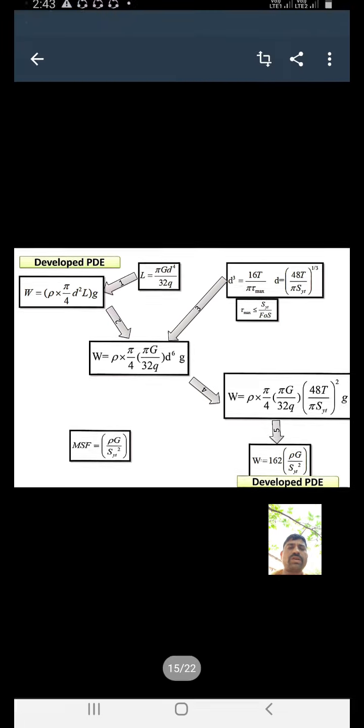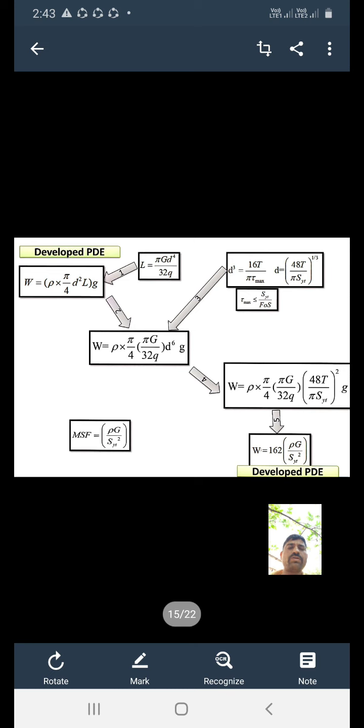Then you will get W is equal to rho into pi by 4 into pi G divided by 32 q into d raised to 6 into G. Okay, from both equations you will get this equation. Then again you can modify this equation and get the next step: W is equal to rho into pi by 4 into pi G divided by 32 q, again d raised to 6.